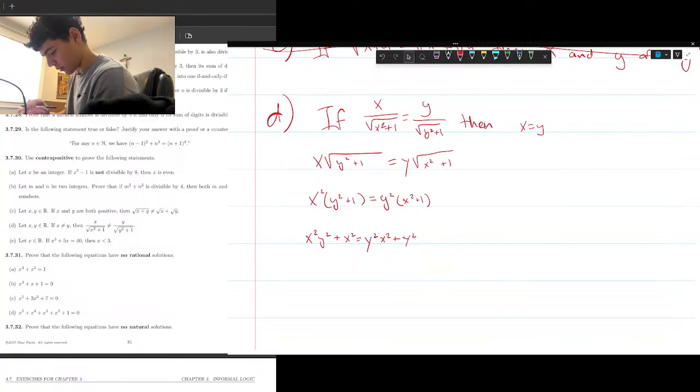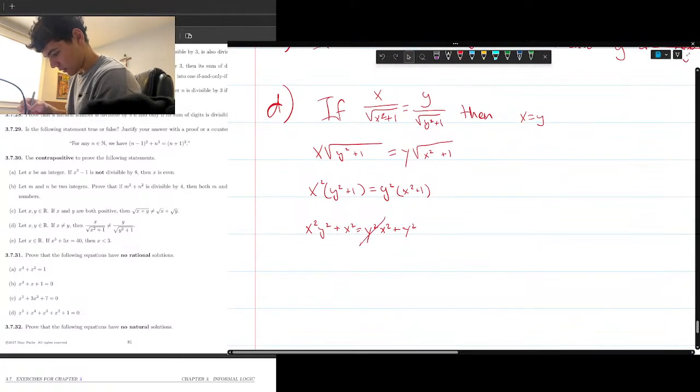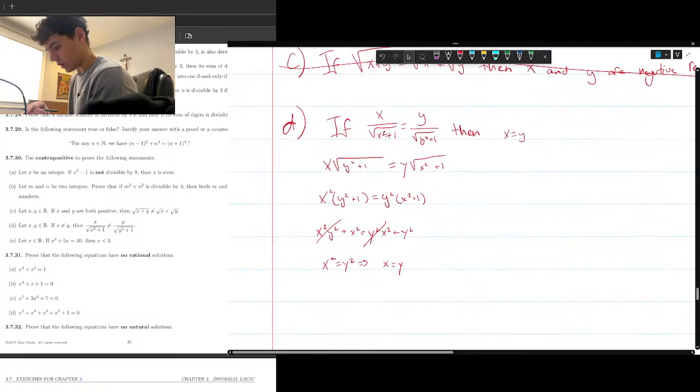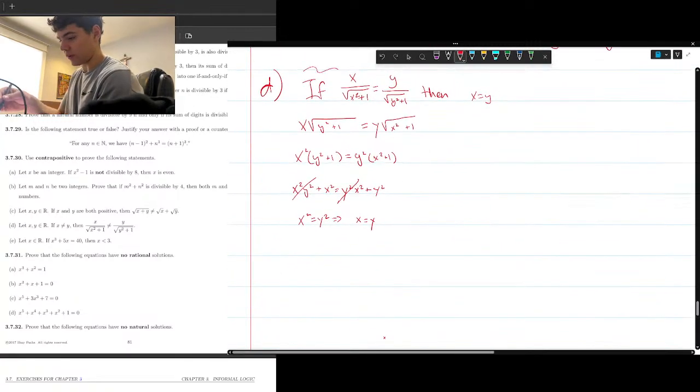Oh, this is right. Okay, yeah, then these naturally cancel out, and you're left with x squared is equal to y squared. You root them, and then you get x is equal to y. So I just write a few words. Simple algebra. Nothing too bad there.